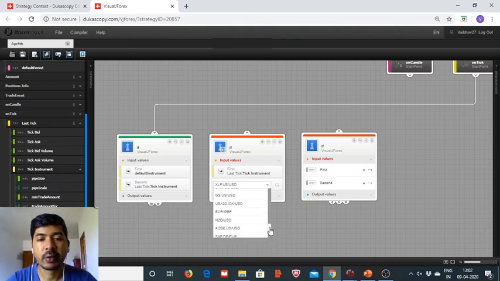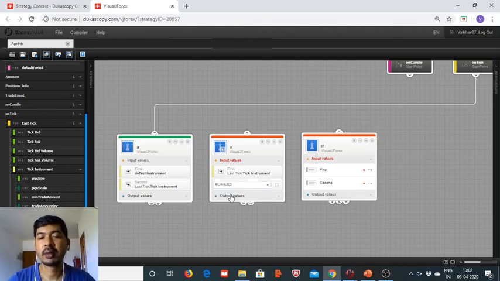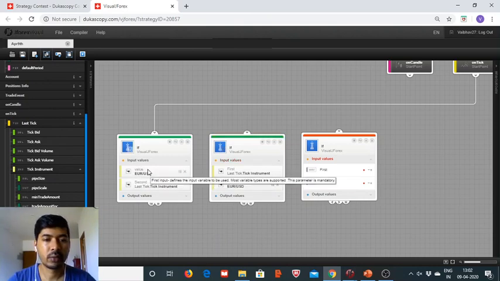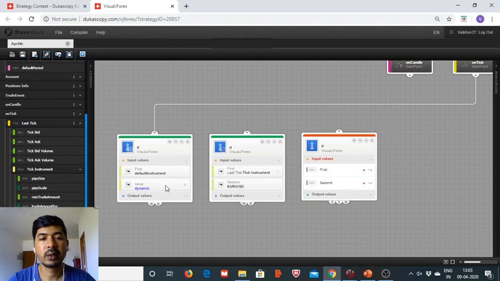Many times I struggle to find the Euro USD quickly enough. Oh, okay, we got it. So that's the Euro USD default instrument, and then the tick instrument should match the Euro USD, and the default instrument should match the tick instrument.